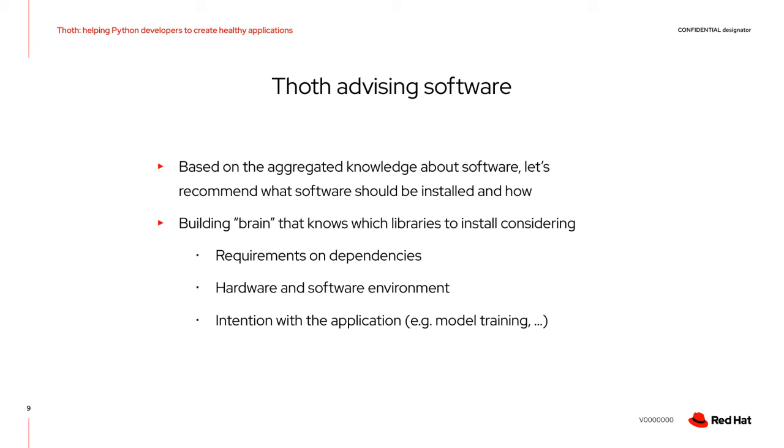Besides other aspects, it considers requirements on dependencies, hardware and software, environment, and also intention with the application. So users can end up with different sets of libraries in case of machine learning model training, and different sets of libraries or library versions when the model is pushed to production.